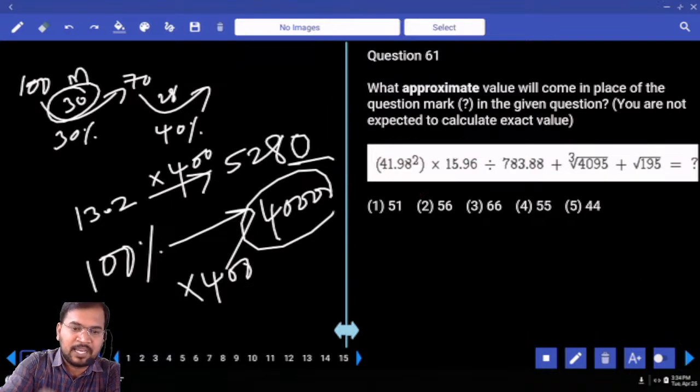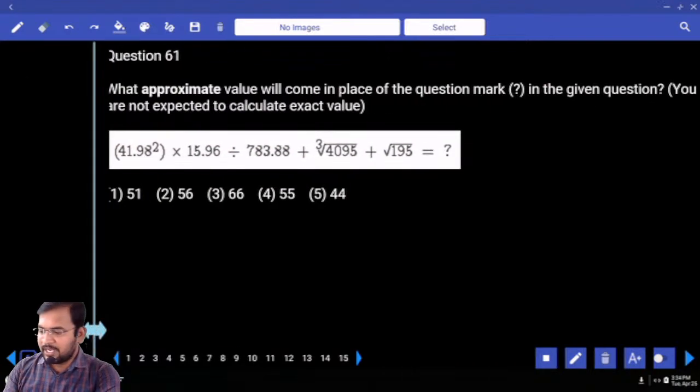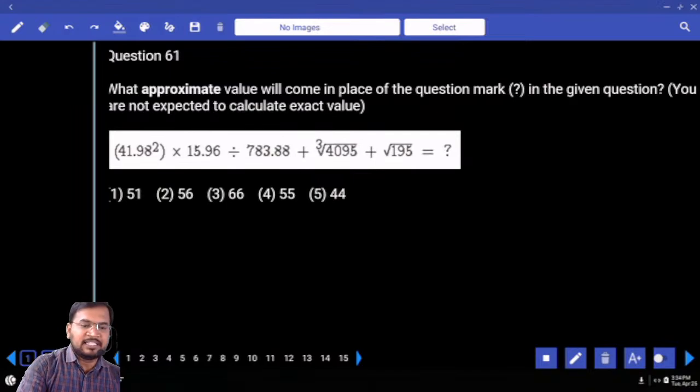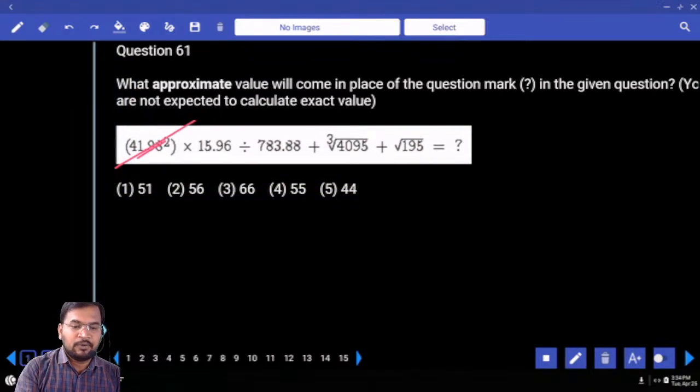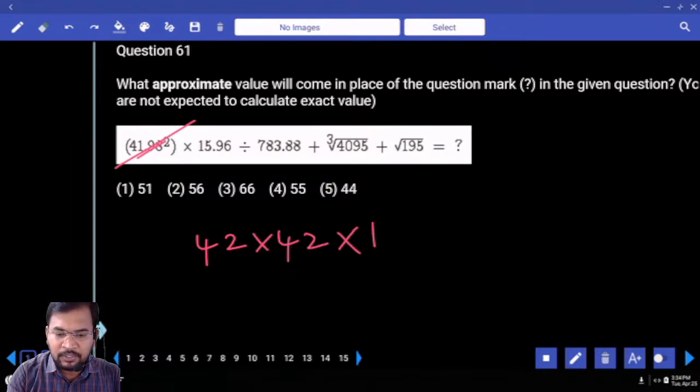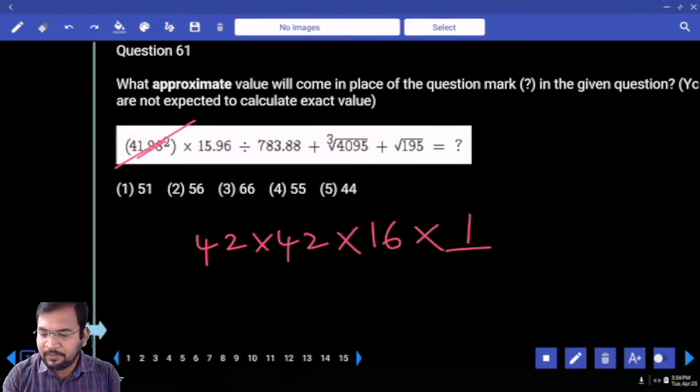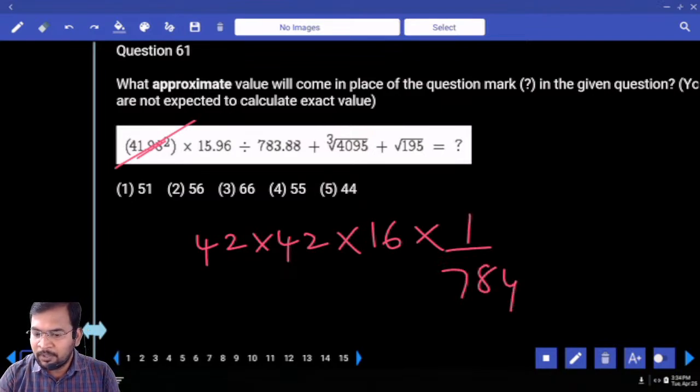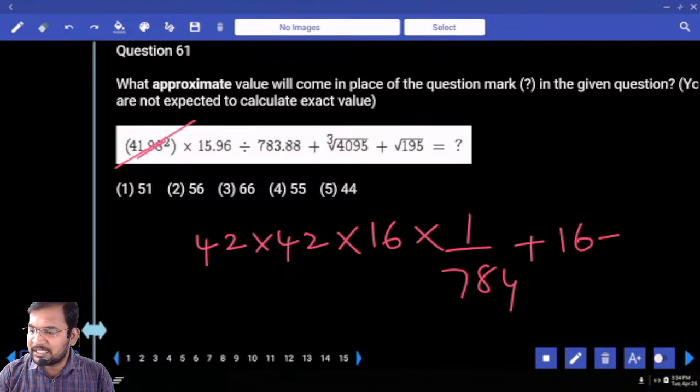See here, simplifications and approximations. Now check it once. This is approximately 42, 40. So 42 square into divided by 780 plus 6, which is cube, plus 14 square.